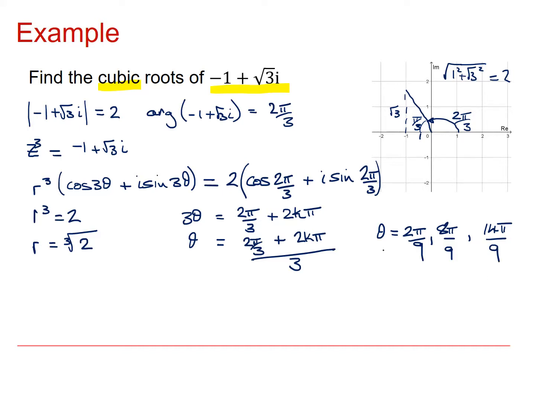And if I want to get my cube roots in x plus iy form, I would just plug in this modulus and this argument into the standard form. So I'd get something like cube root of 2 (cos 2 pi by 9 plus i sin 2 pi by 9).